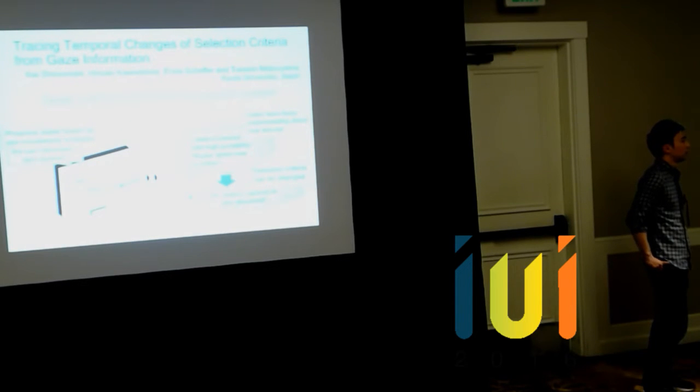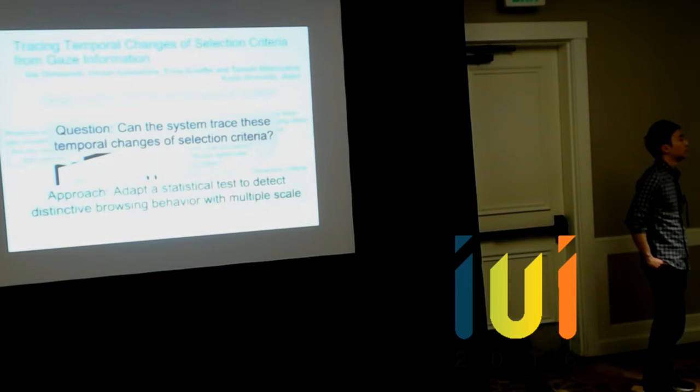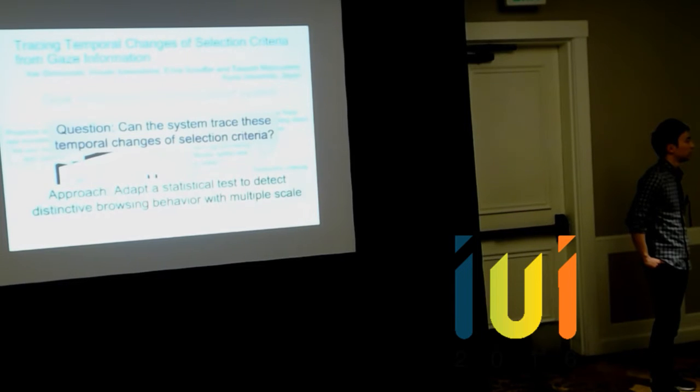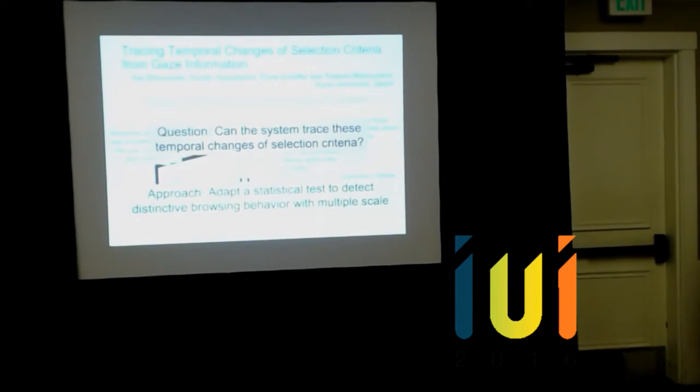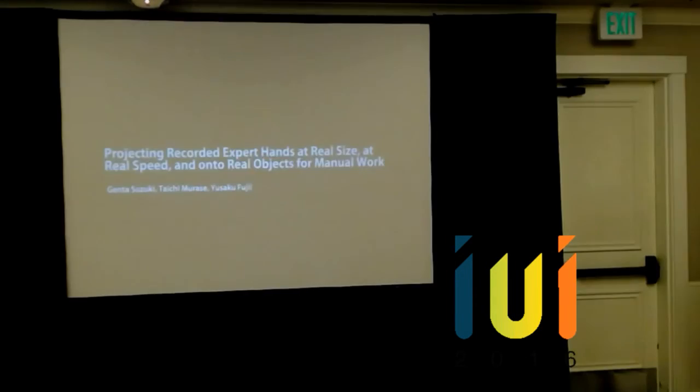But sometimes our selection criteria can change over time, such as adding a constraint. So the question is how to trace the temporal change of our selection criteria. Our approach is to adapt statistical tests to detect distinct browsing behaviors for multi-time scales. Thank you.